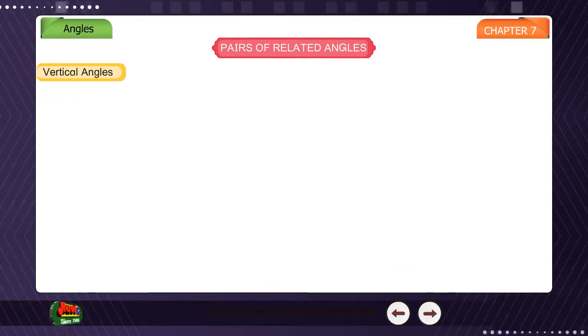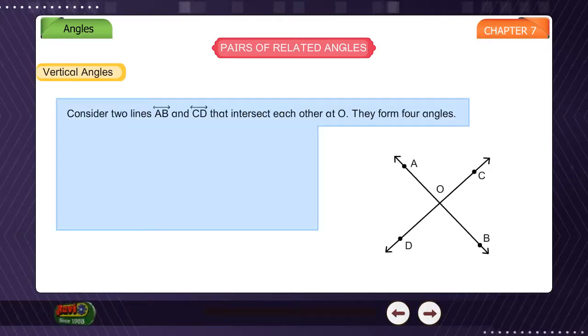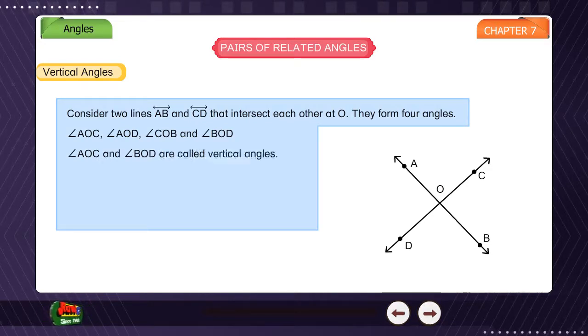Vertical angles. Consider two lines AB and CD that intersect each other at O. They form four angles: angle AOC, angle AOD, angle COB, and angle BOD. Angle AOC and angle BOD are called vertical angles.